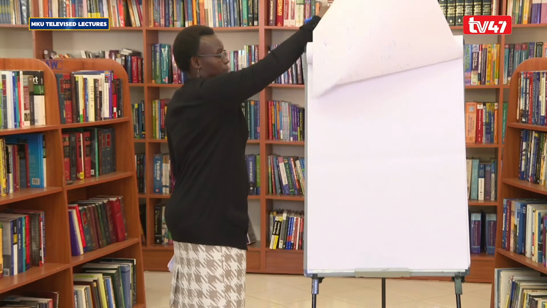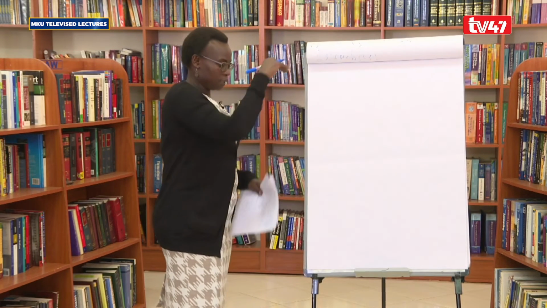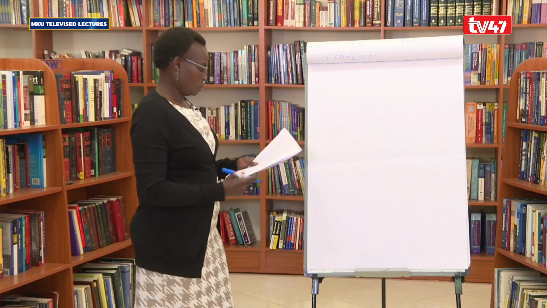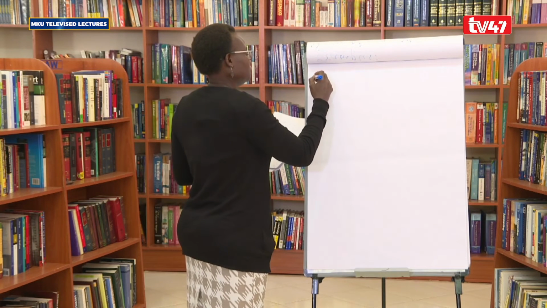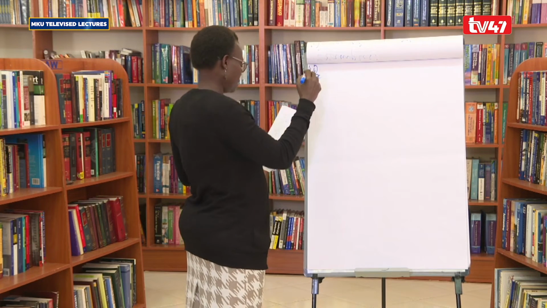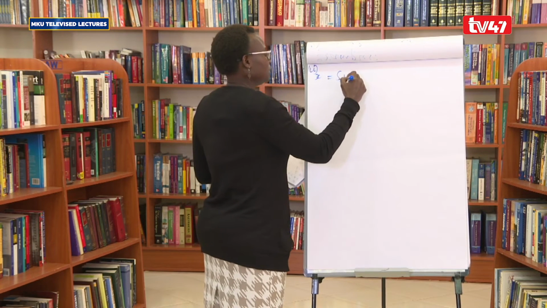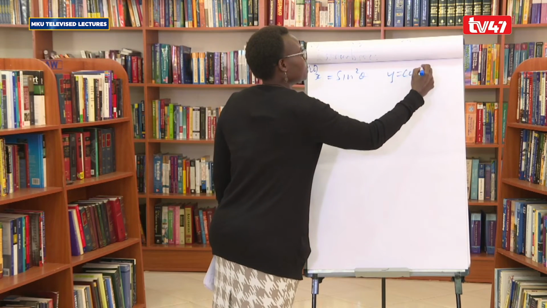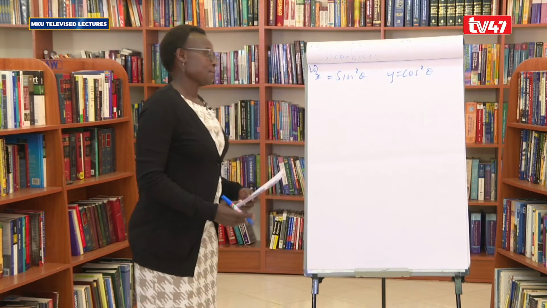Second example to this, we have x as sine squared theta, and we have y as cos squared theta.